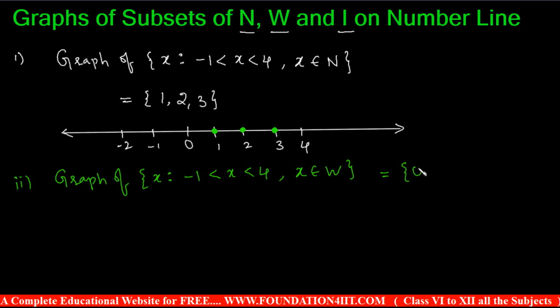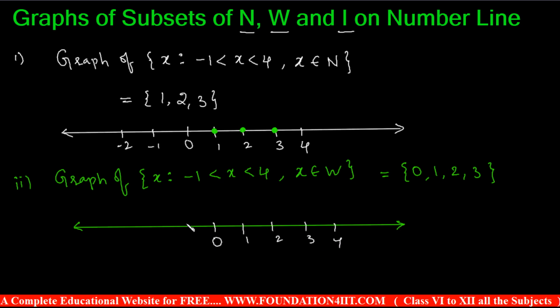Same question, but because of the whole numbers, 0 is extra. We can represent this on the number line: 0, 1, 2, 3, 4, and so on, maintaining the same gap.